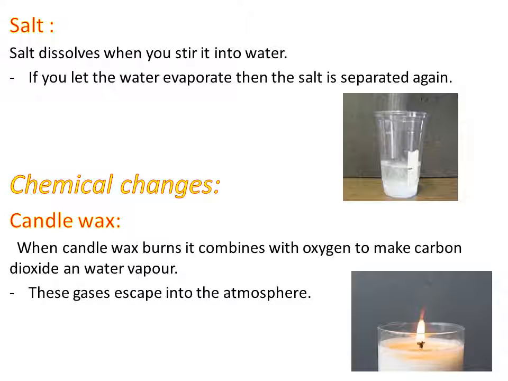When candle wax burns, it combines with oxygen to make carbon dioxide and water vapor. These gases escape into the atmosphere. I can't catch them and let them come back again, right? They escape into the atmosphere.